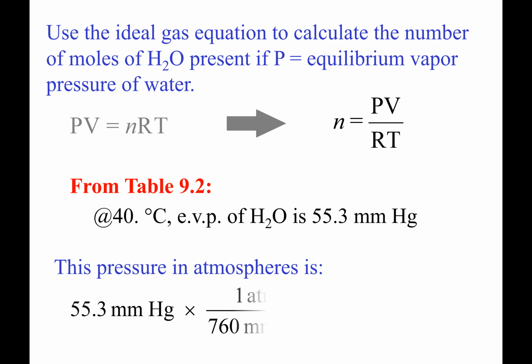If 55.3 millimeters of mercury is my first term, I take that times 1 atmosphere over 760 millimeters of mercury. Units of millimeters of mercury cancel. I have units of atmospheres. How many sig figs? 3. So my pressure to plug in is 0.0728 atmospheres.